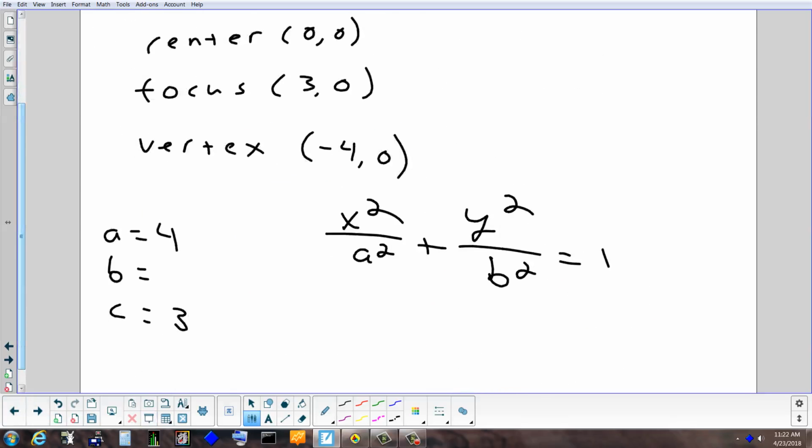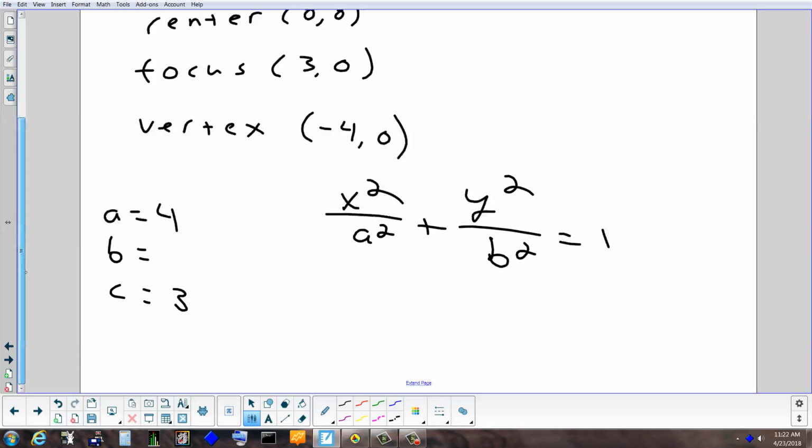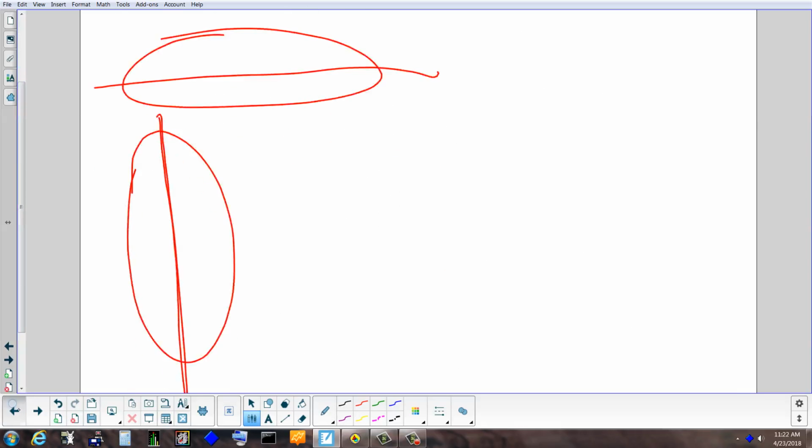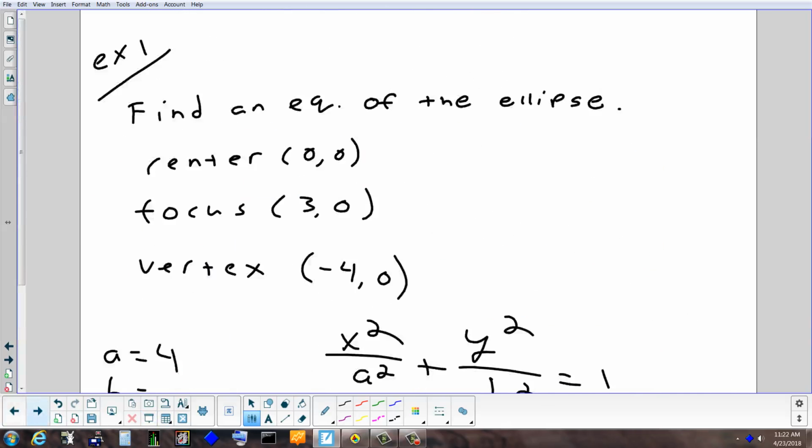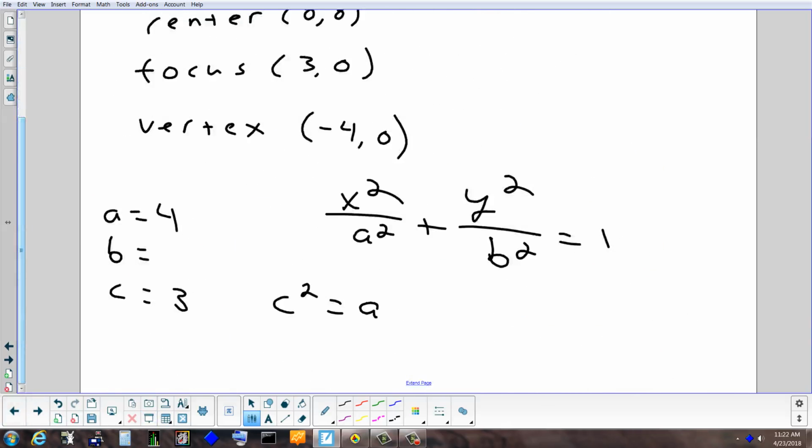And what's the equation that has a, b, and c in it? Kind of looks like the Pythagorean theorem, but it's not. C squared equals, and just make sure we get the order right, a squared minus b squared.